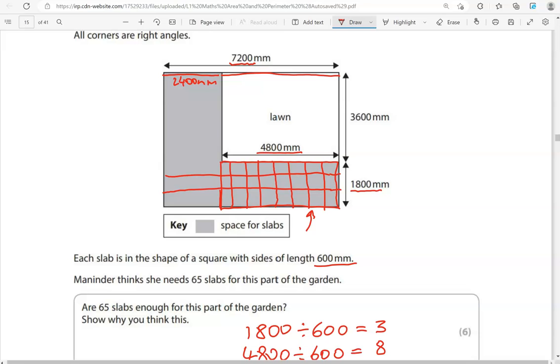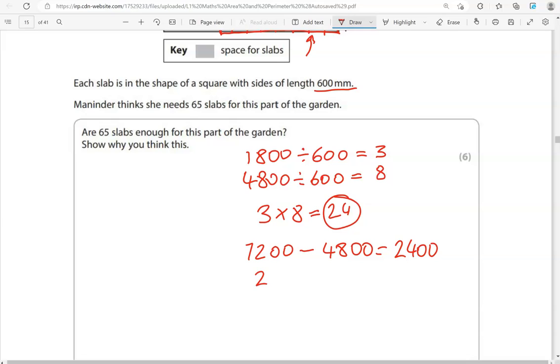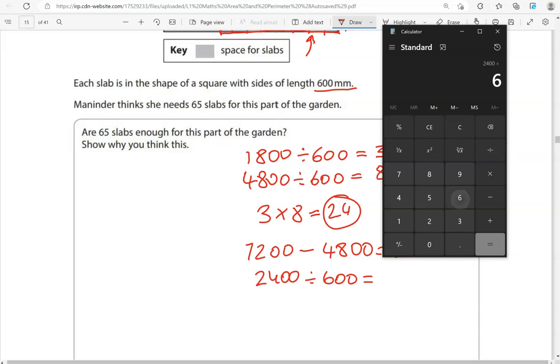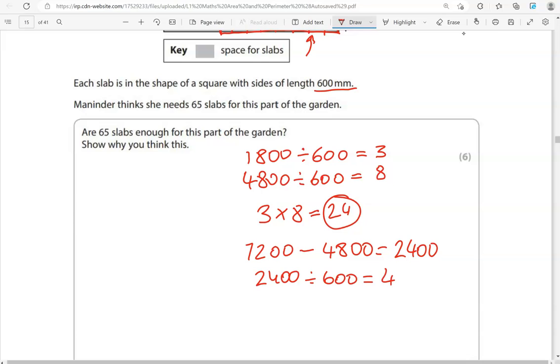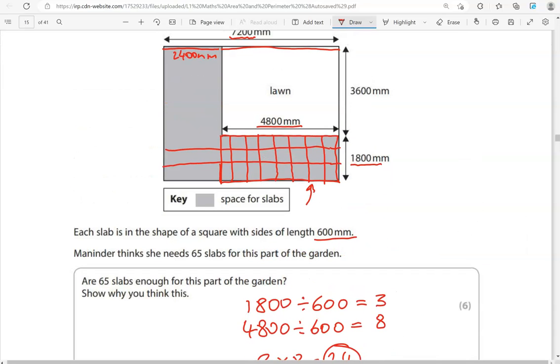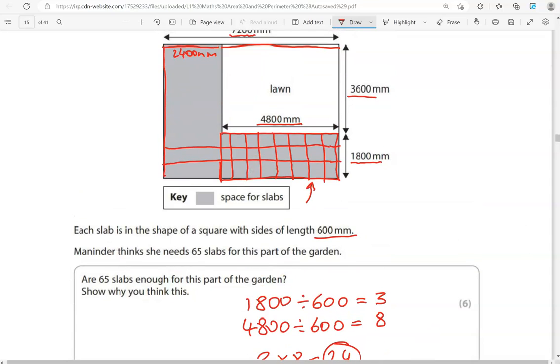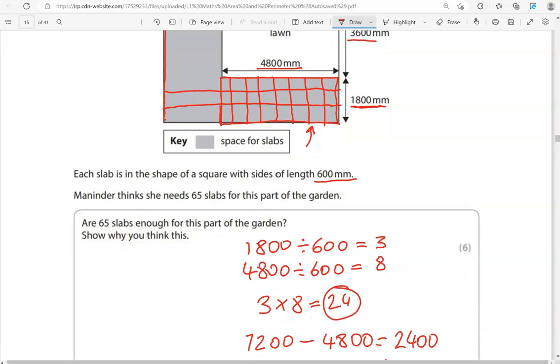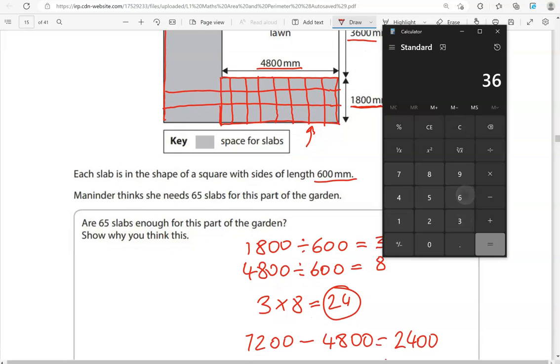If we divide that now by 600, gives us 4, and if we divide this length, which is 3,600 plus 1,800, 5,400, by 600, gives us 9.